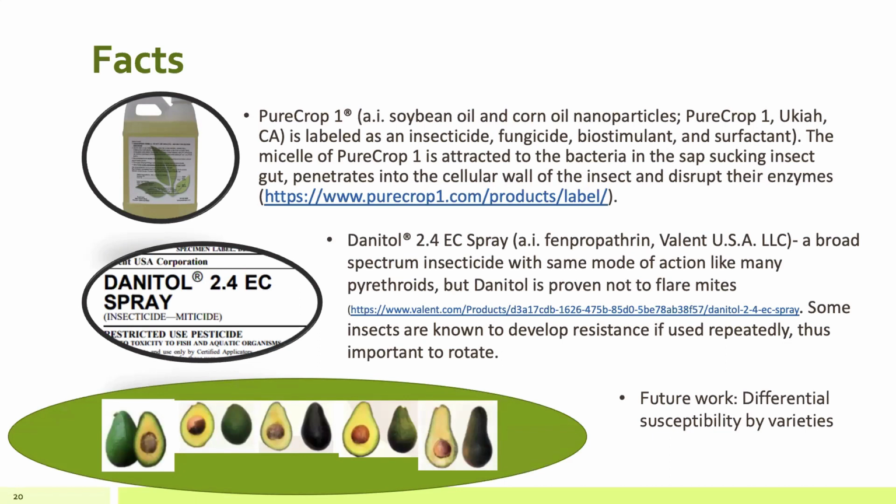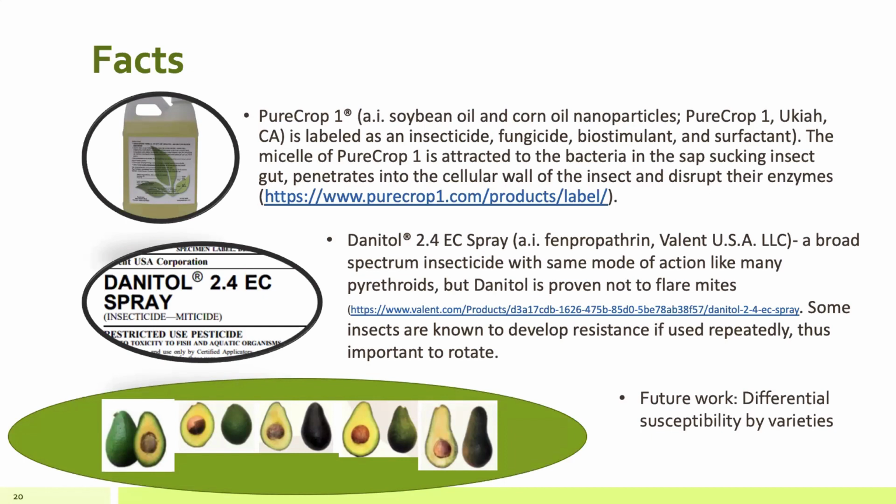And then I think looking forward, because there's a level of resistance or tolerance to infestation by different varieties, it may be more practical, at least from an organic standpoint, to identify varieties that are more tolerant to the damage, meaning they'll still get damaged, but they can still produce relatively good yields with that damage.